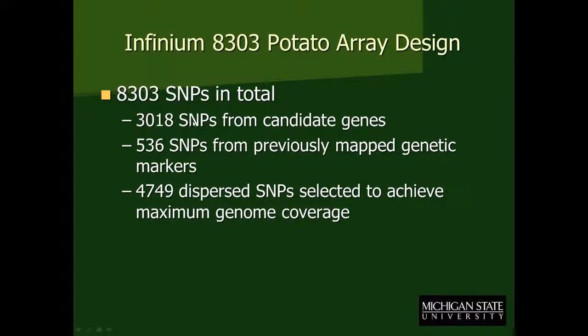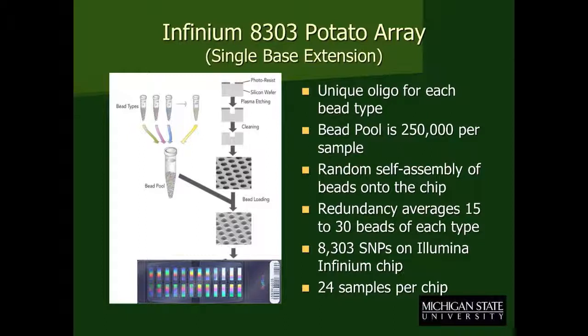If we look at what made up the final number, about 3,000 of them were from candidate genes that were suggested by the community, so we found all the SNPs that we could in those. Plus, we found some SNPs that were in previously mapped genetic markers as a reference point. Plus, the remainder of the SNPs came from ones chosen throughout the genome to maximize our genome coverage.